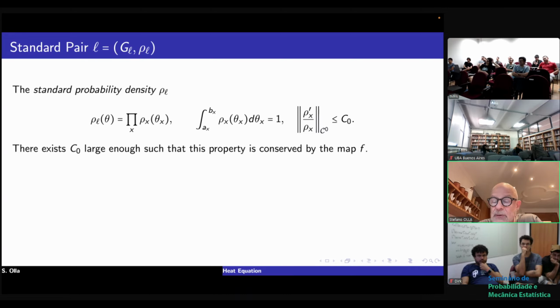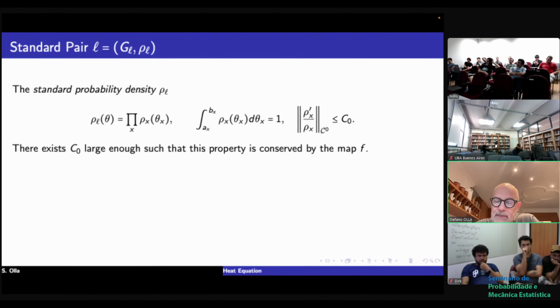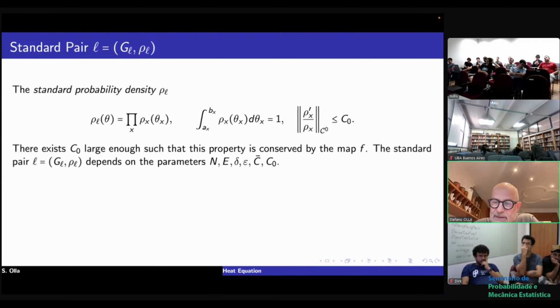This is thanks to the chaoticity, the fact that there is a spectral gap in this map, and basically I'm telling you now how this is proven, in fact, for the map on the interval. For the Arnold map, the situation is slightly more complicated, but it works in a similar way.